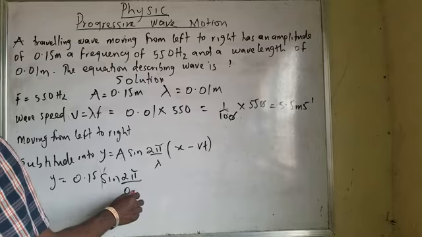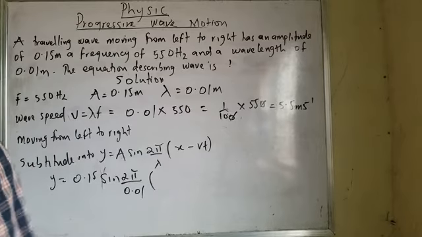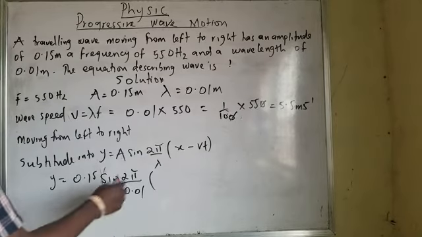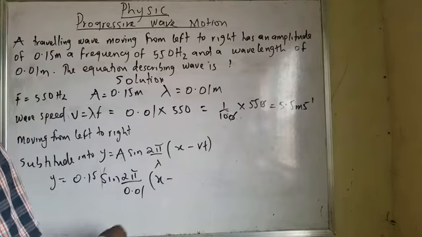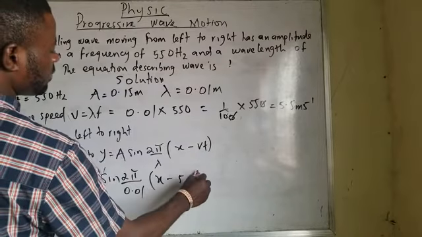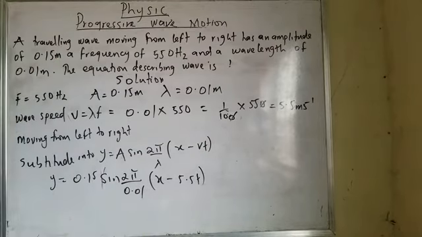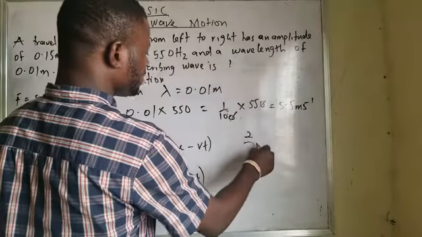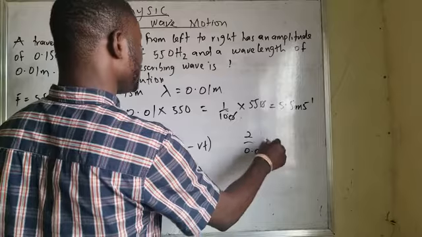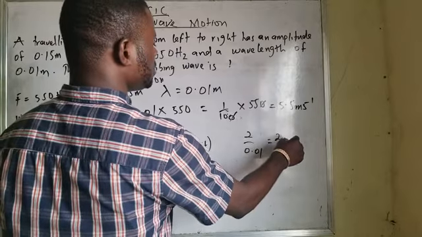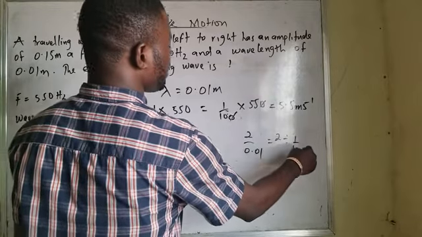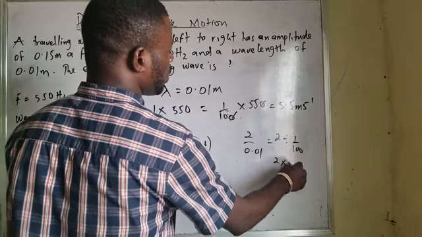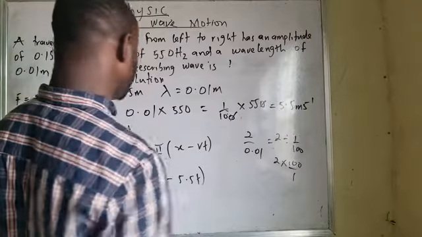It is 0.01 bracket of x minus 5.5t. That is the equation I'm asked to do. If I have something like 2 divided by 0.05, I can write divided by 1 divided by 100, which is 2 multiplied by 100 all over 1, which is 200.